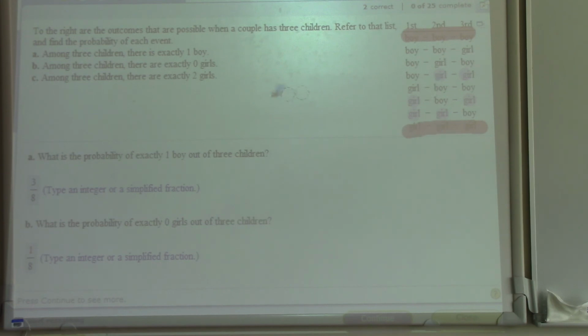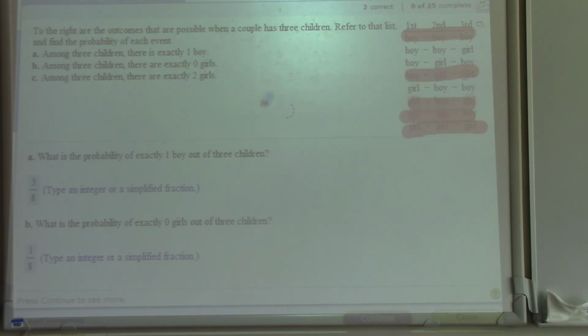And then you've already got exactly 1 boy. Where's 1 boy? Right here. There it is. 1 boy, and 1 boy, and 1 boy. And what does that leave? 3 out of 8. Or you can count it like we did with the pink one.